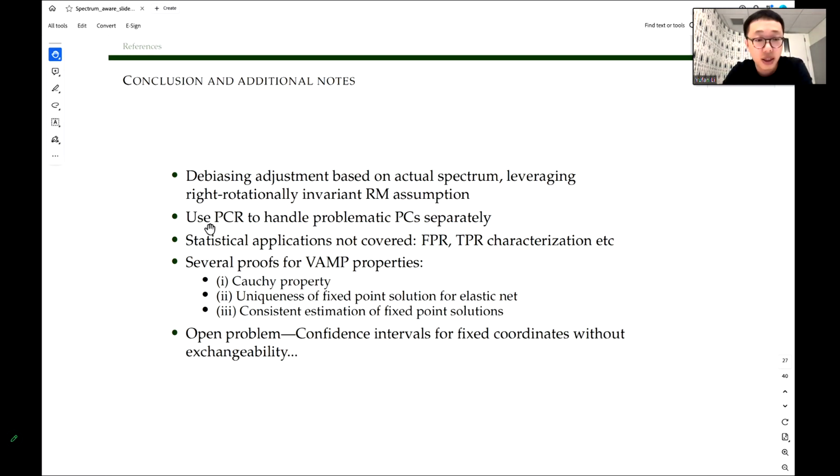The second idea is to use principal component regression to handle problematic PCs separately. Things we haven't covered in the talk include the hypothesis testing procedures and also the theoretical results about factor approximate message passing.